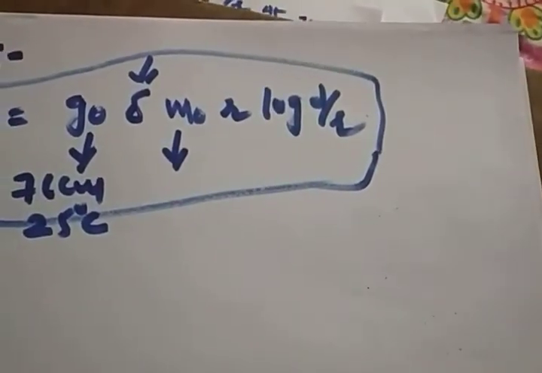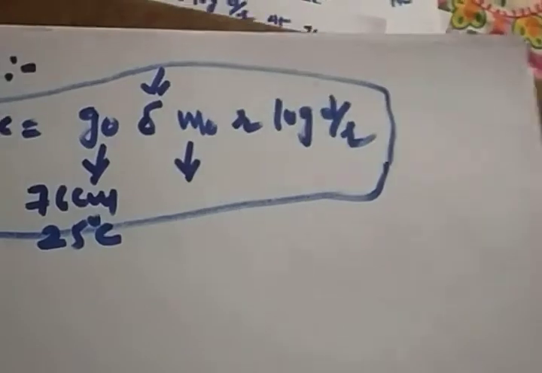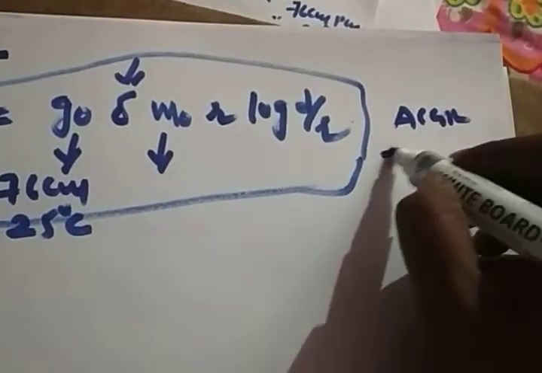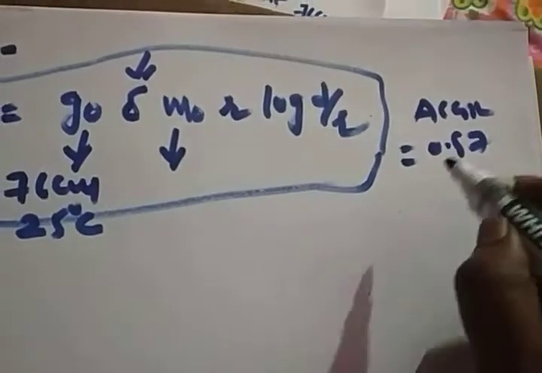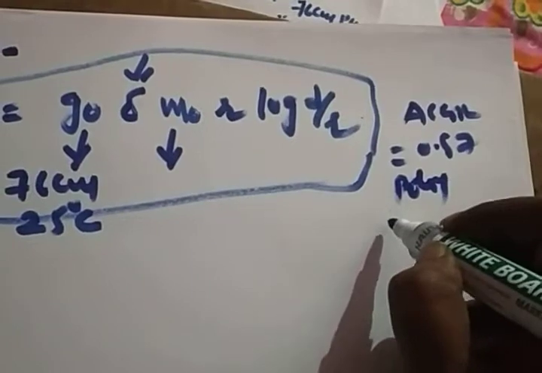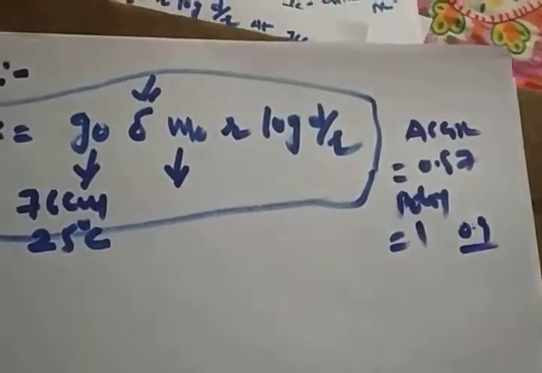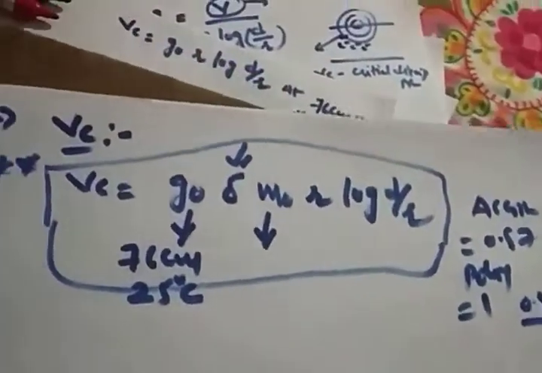Definitely you need to add the irregularity factor also, because of the different conductors that you are using. If it is an ACSR conductor, you take the irregularity factor 0.87. If it is a polished conductor, you take 1. And if it is a dirty conductor, it will be around 0.9. We need to take it like this.